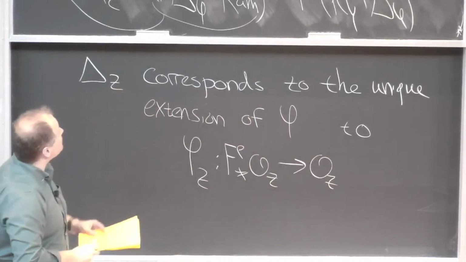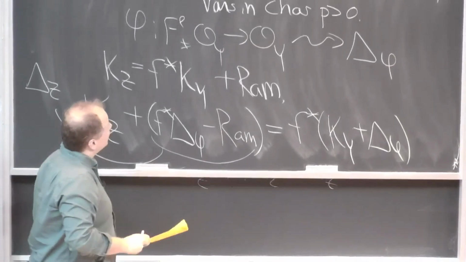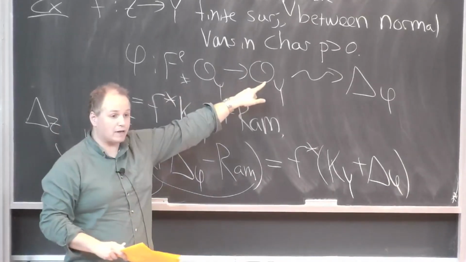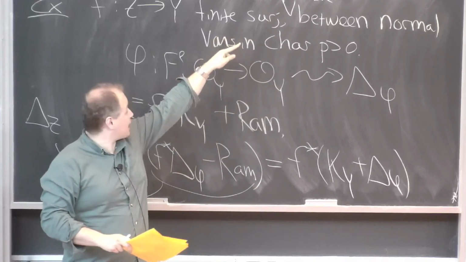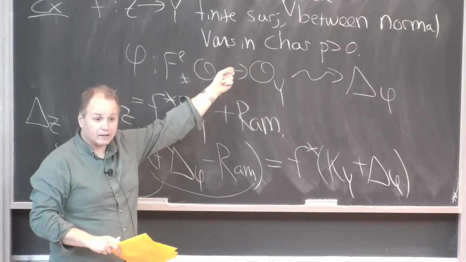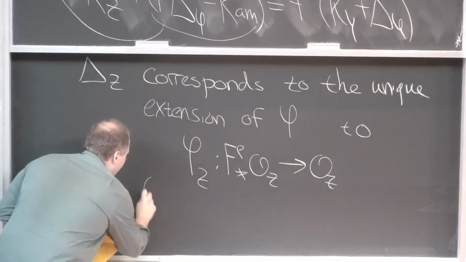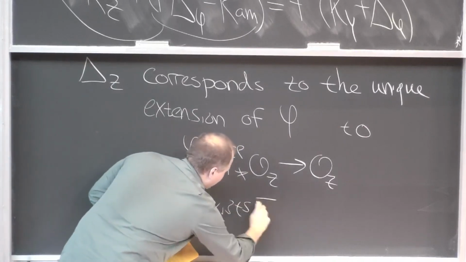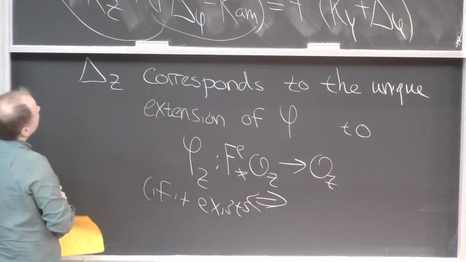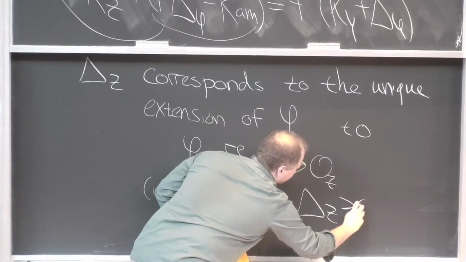And again, this might be something you're a little bit comfortable with. If I have some kind of map from Fe lower star Oy to Oy, well, Oy lives inside Oz, I can ask, well, does my phi extend? Maybe it does, maybe it doesn't. If it exists, that's actually equivalent to this delta z being effective.